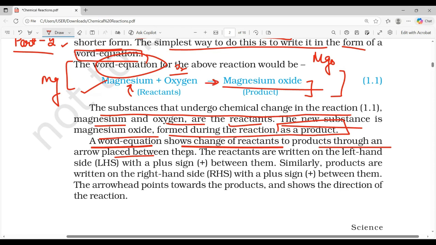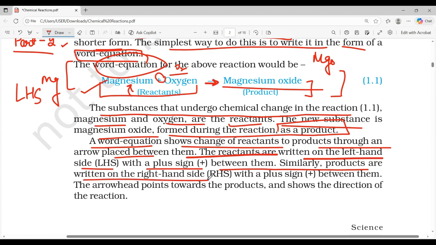The reactants are written on the left hand side, that is the LHS, with a plus sign between them. So this is a plus sign between the reactants. Similarly, products are written on the right hand side, the RHS, with a plus sign between them also.